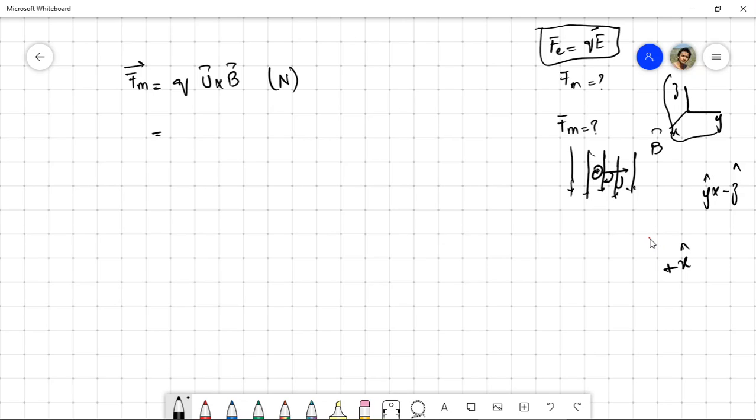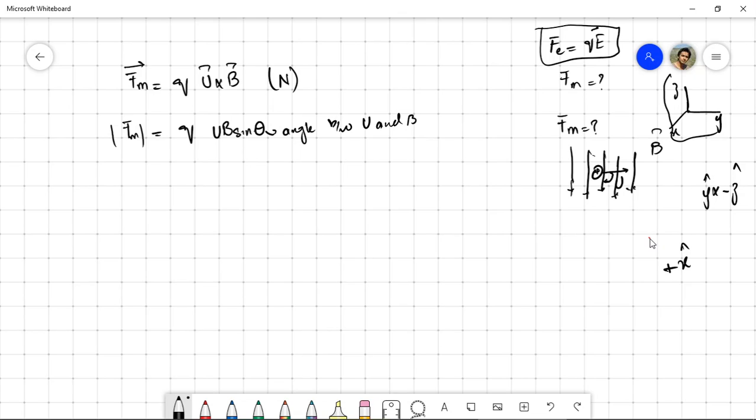And if we want to talk a little bit about the magnitude of this force, we are talking about q u b sine theta, and this theta is the angle between u and b, the angle between the velocity and the magnetic field.